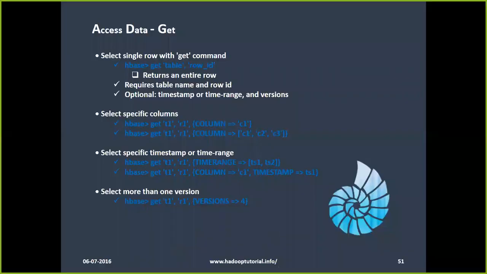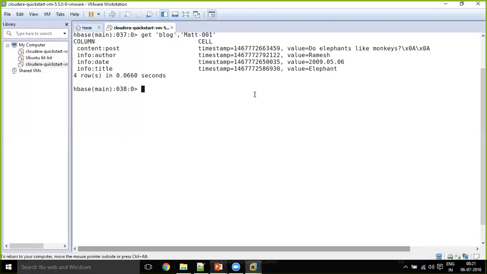In get command, again, if you want to narrow down to one particular column, you can specify that column. And suppose that row ID is not there, it will not return any value.